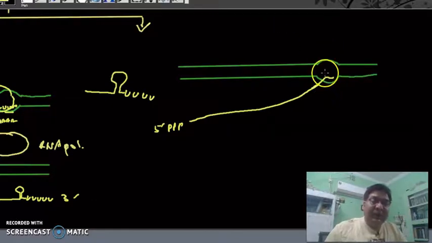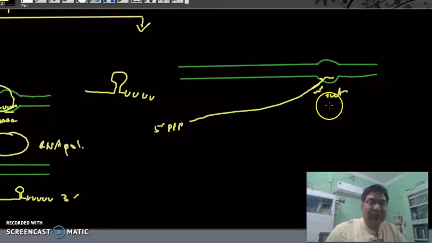So let's say this is the RUT site, where this transcript has also got this RUT sequence. RUT stands for rho utilization sequence. It is a consensus sequence.